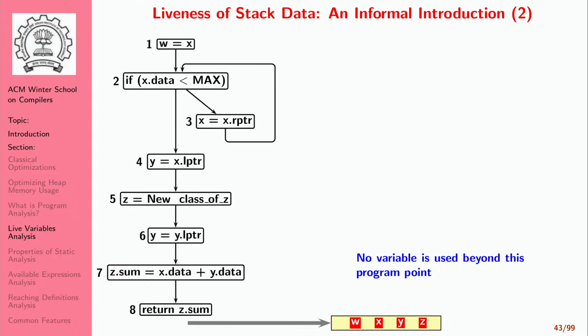If I can guarantee that I can put any garbage value here, but the execution of the remaining program will not be affected, then the location is not live, right? Because if the location is read and we put garbage, execution may be affected. But if the location is not read, it doesn't matter what value we put, in which case the location is not live. That's the intuition with which we will proceed.